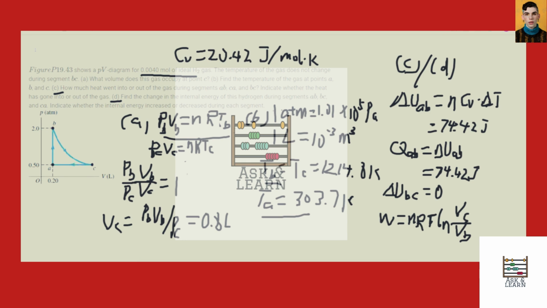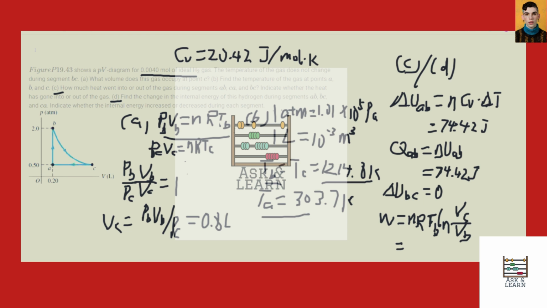The temperature is constant. n is 0.04 moles, R is the constant, T_B is calculated as before, V_C is 0.8 liters, and V_B is 0.2 liters. So we can calculate this work directly.